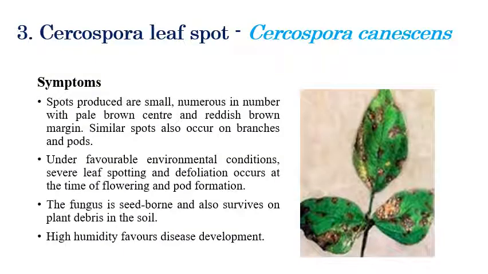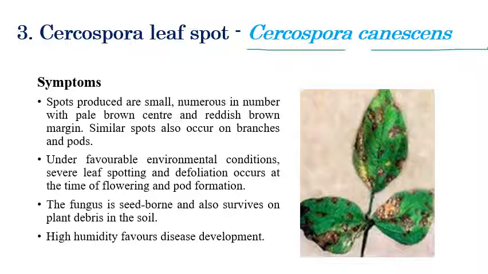The third one is Cercospora leaf spot, which is caused by Cercospora canescens. Coming to the symptoms, small numerous spots can be produced on the leaf. These spots are usually brown or reddish brown in color. The numerous spots are dark brown or pale brown with dark brown or pale brown center, and sometimes reddish brown center margins can be seen.